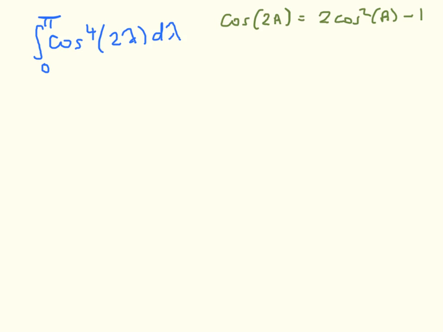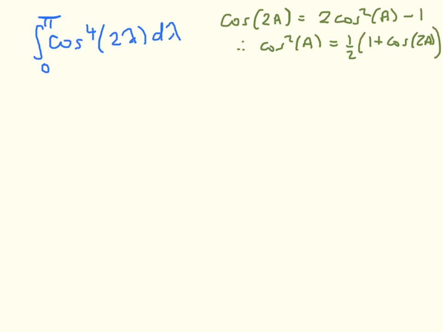If we had sine to the power of 4, then you would say cos of 2a is 1 minus 2 sine squared a. But this is cosine to an even power, so this is our key formula. This can be rewritten, and it tells us that cos squared a is 1/2 (1 plus the cosine of 2a).